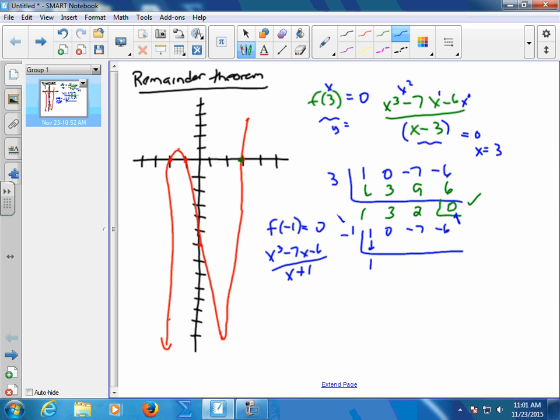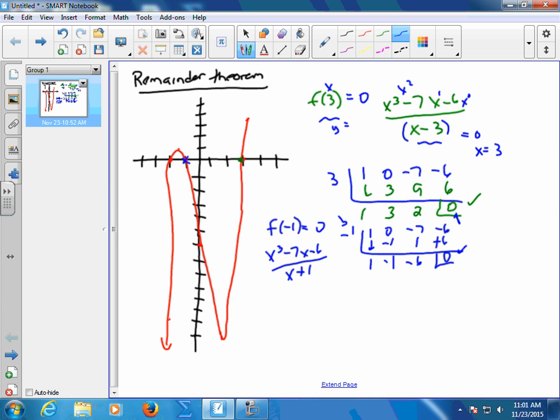Then we find the factor, we set it equal to 0 for a basic one. And then we divide. We say, bring the first one down. Multiply to the right. Add down. Multiply to the right. Add down. Multiply to the right and add down. And Gabe told us we should have a 0 there because, in fact, this guy is a root.